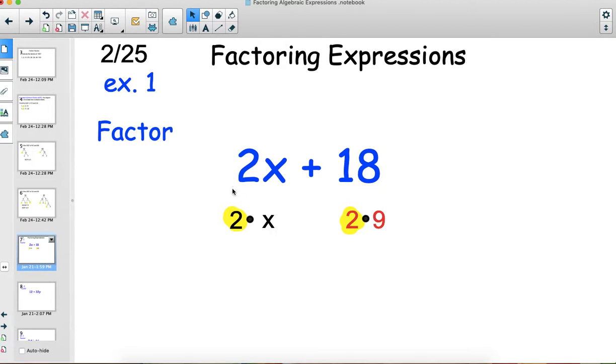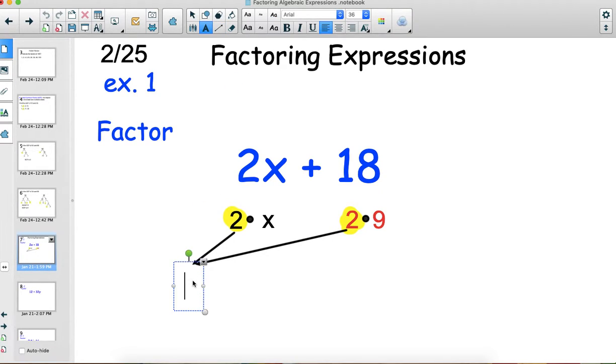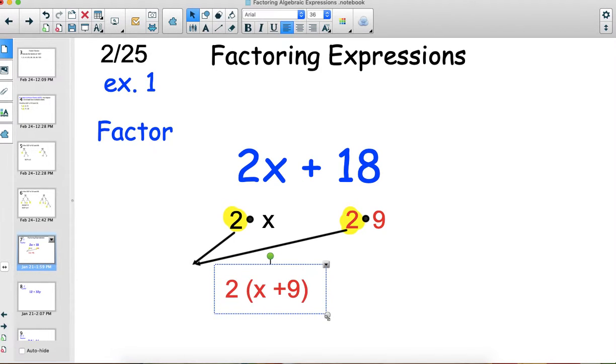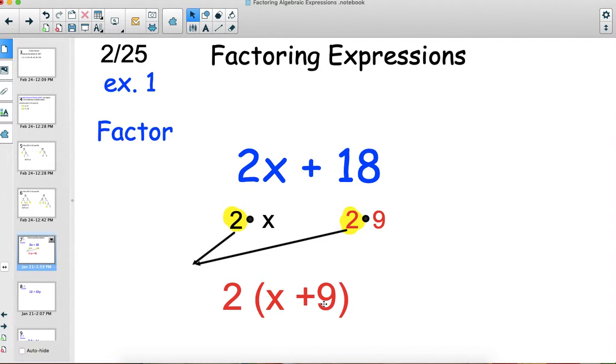So I'm going to pull these 2 out. Okay. So they share the 2. I'm going to put that 2, and then I'm going to have my parentheses, 2 times, well, what's left? We have x, and then we have a positive 9, plus 9. So we have now factored that expression, 2x plus 18, into 2 times x plus 9. And if you wanted to check that, you do the distributive property. 2 times x is 2x, 2 times 9 is 18.